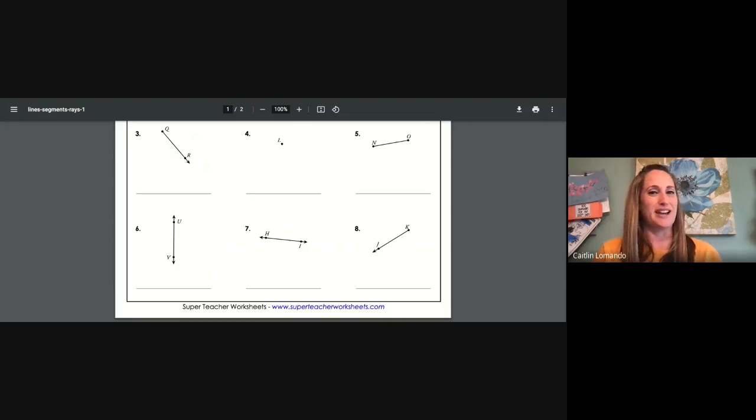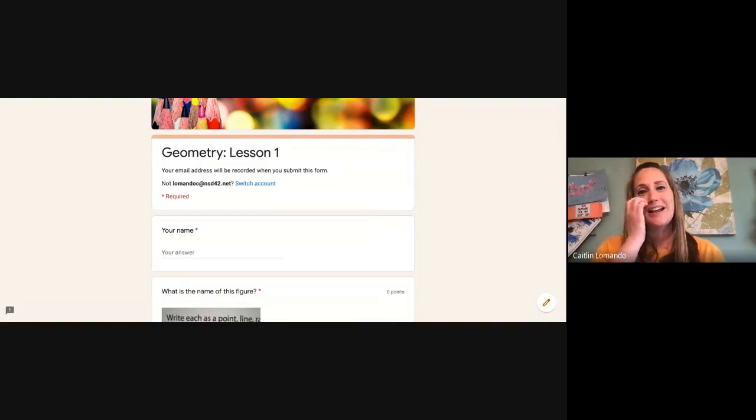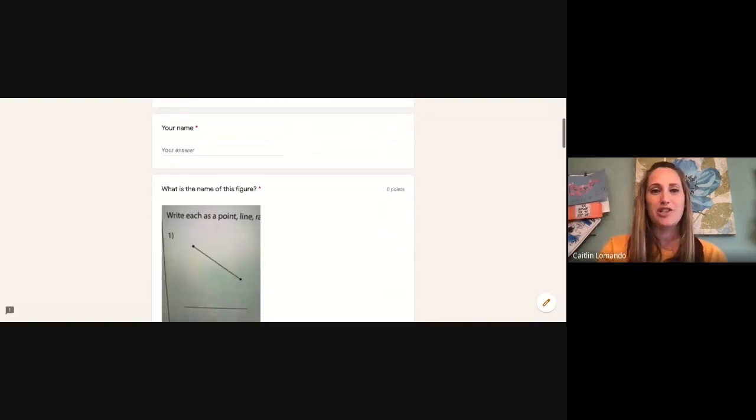It has arrows on either side, meaning it goes on forever and ever. This is a line. And lastly, number 8, point, line segment, line, or ray. This is a ray. Today, you will be completing a Google form that has you answering these very questions.